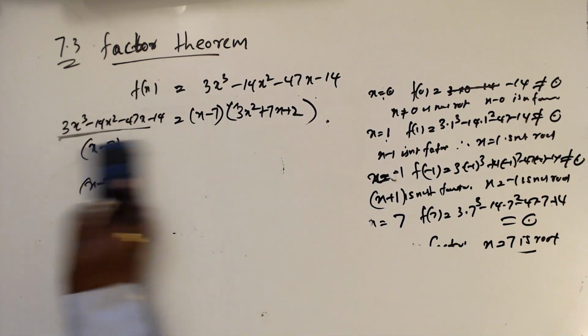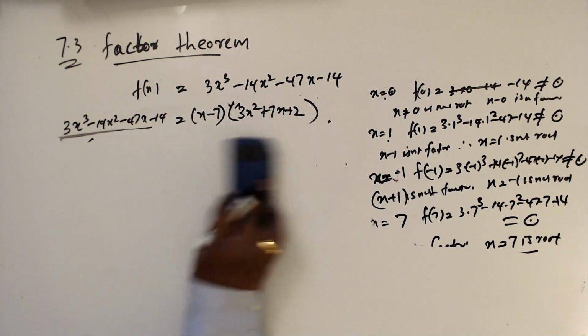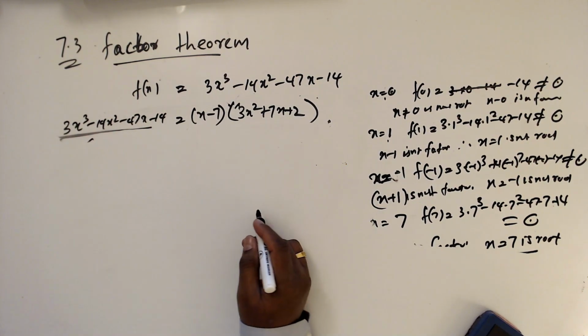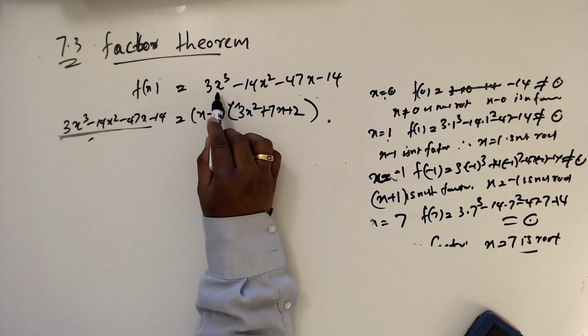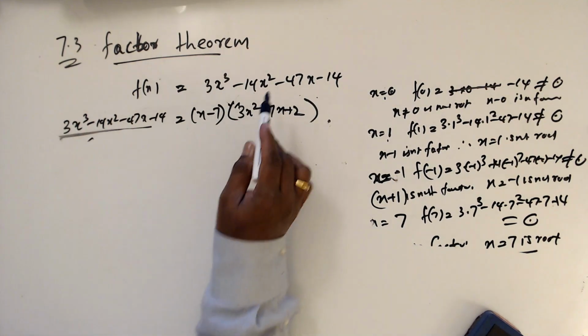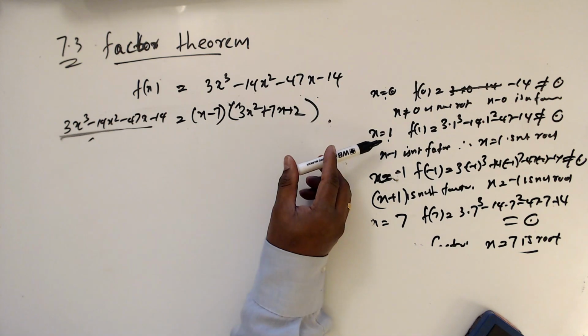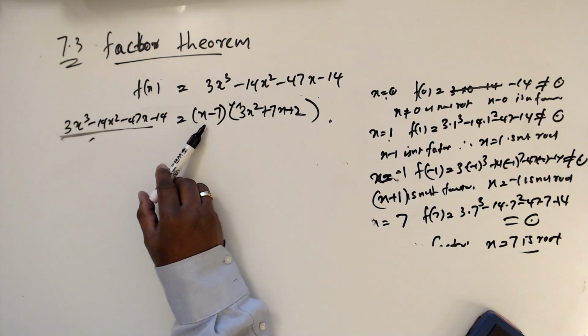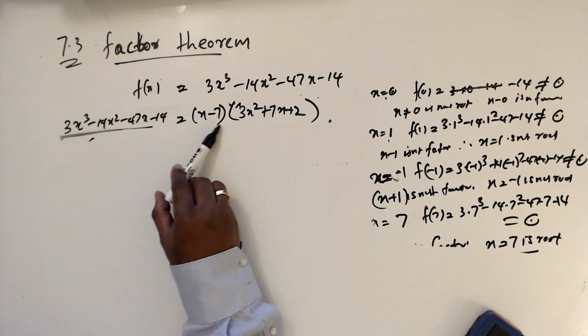Now we have to factorize. This is a cubic equation, not a quadratic. You find a factor by substituting a value, x equals 7, and x minus 7 becomes a factor.